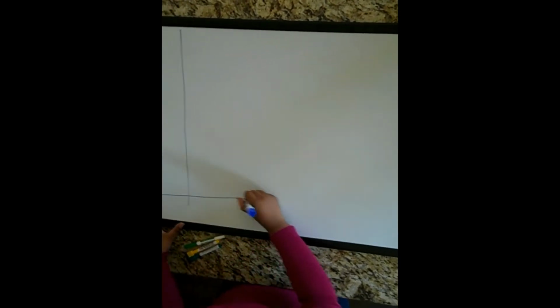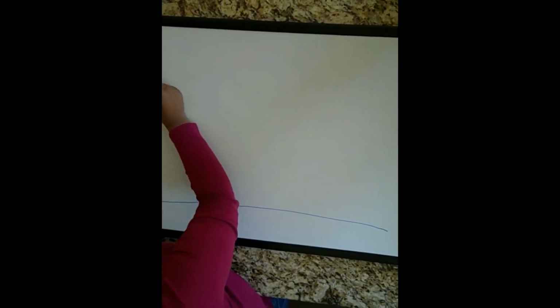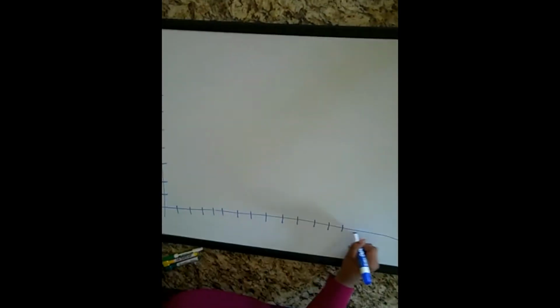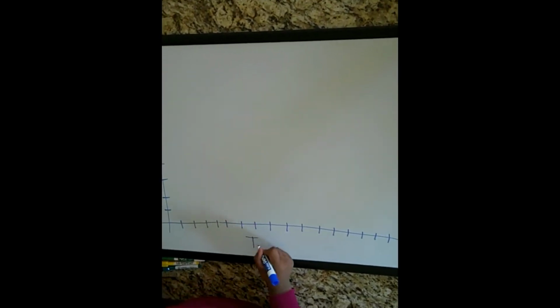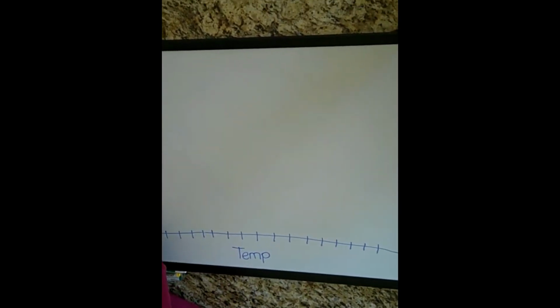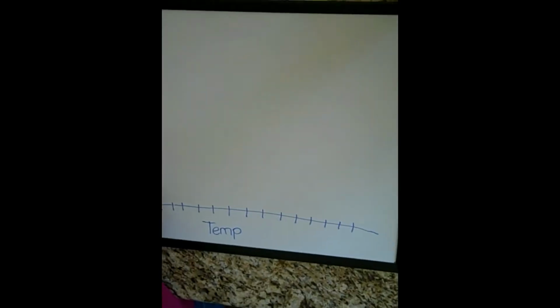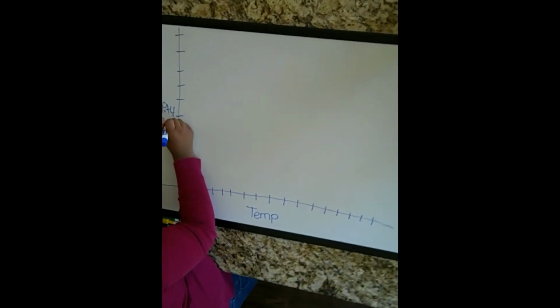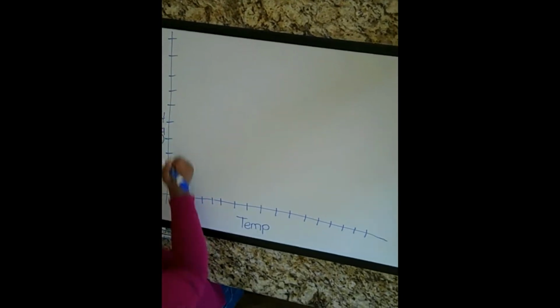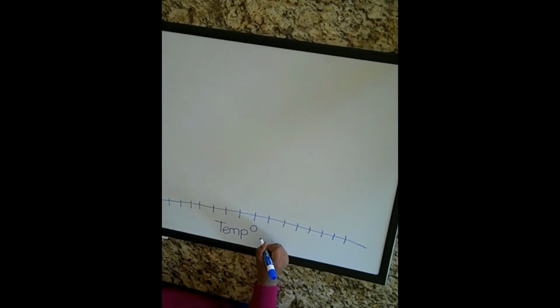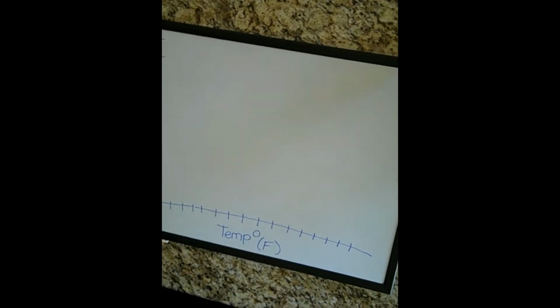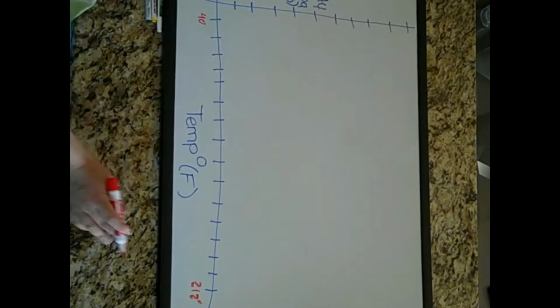Okay, so now we're showing you how to draw a solubility graph. And a solubility graph is exactly what you think it is. It graphs solubility. Our x-axis, which is our horizontal axis, is labeled temperature in degrees Fahrenheit, and our y-axis, which is our vertical axis, is going to be labeled solubility rate. Now we're just putting our numbers down for temperature.